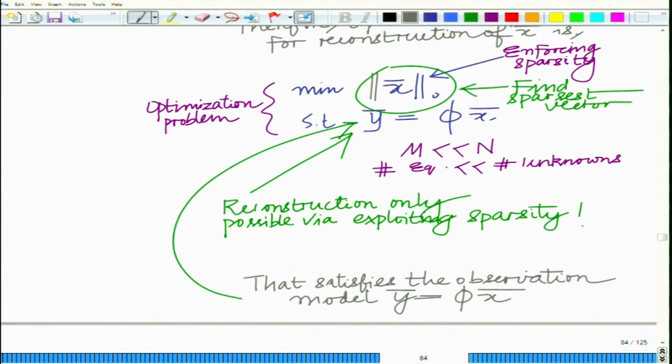You have an optimization objective plus a Lagrange multiplier. The problem with this is that not only is the objective non-differentiable, this optimization problem is highly non-convex.